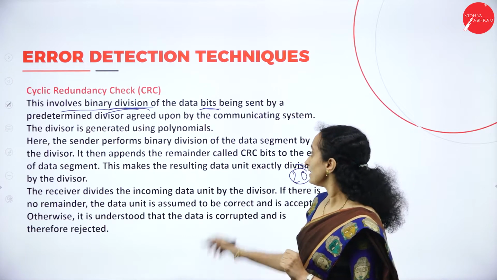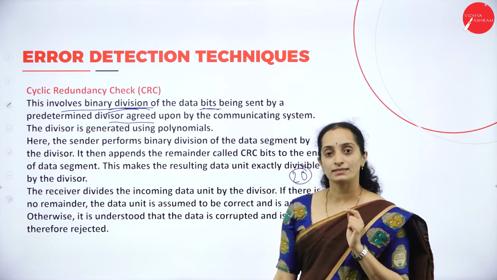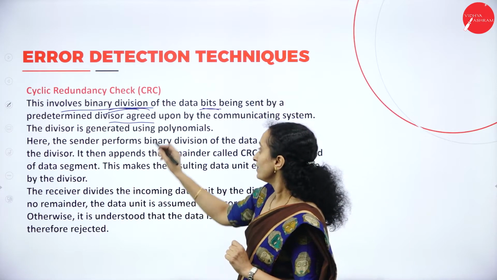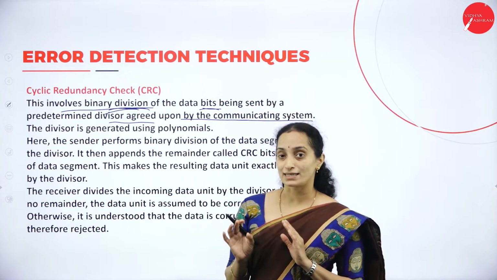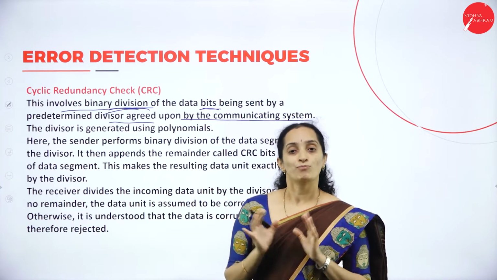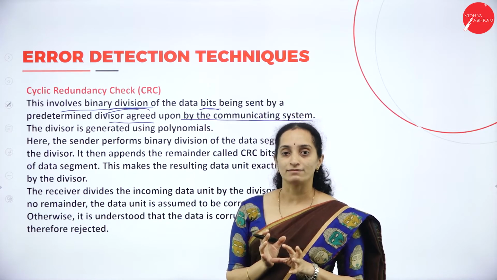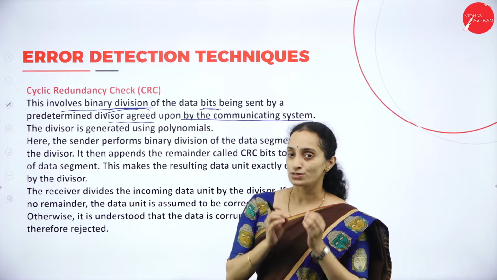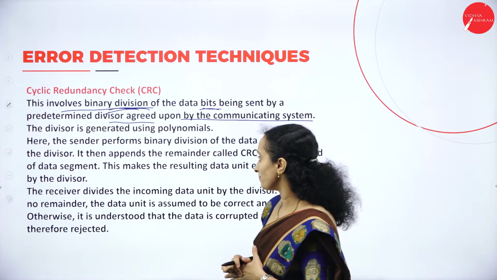The divisor here is a predetermined divisor, pre-agreed by both the sender and the receiver. Both have to know and agree on the common divisor, which is used to perform a binary division on a data frame.